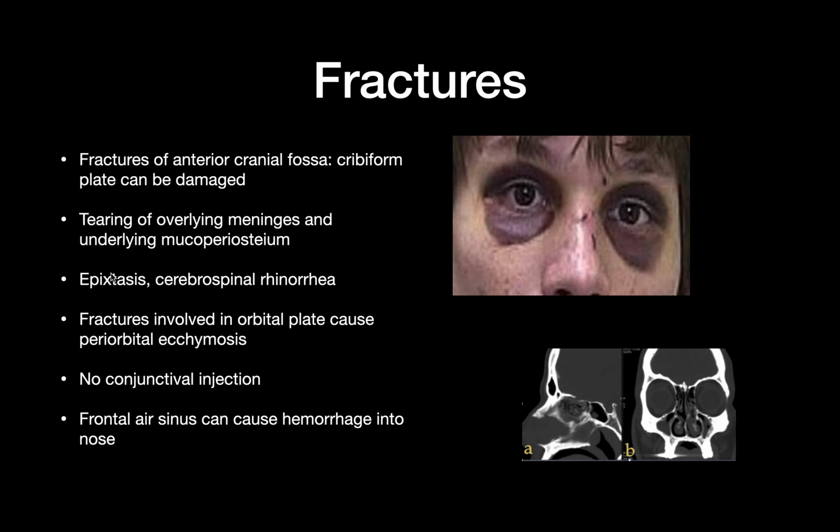It would cause a nosebleed and a cerebrospinal rhinorrhea, and fractures involving the orbital plate will cause, like here, these raccoon eyes, right? So that's the periorbital ecchymosis, but no blood will be in the eye unless there's direct trauma. The frontal air sinus, here you go, can also hemorrhage into the nose. You see here, they're abnormally large, they're all filled with blood.